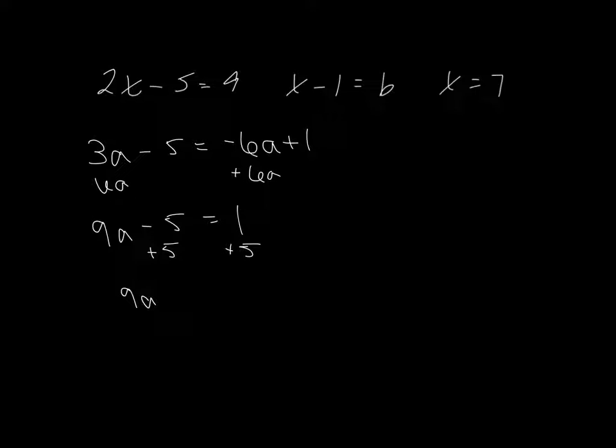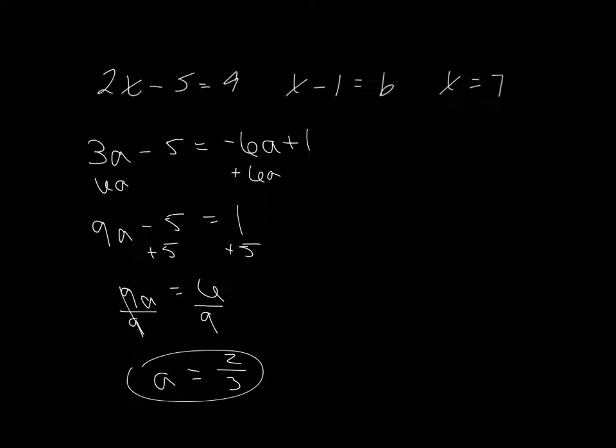And we get 9a equals 6. And then we get rid of our 9 by dividing each side by 9. And we get a equals 6/9, or that reduces to 2/3. So your a ends up being 2/3. That is your solution set. Now when you take 2/3 and put it back in your original equation, you should get a true statement.